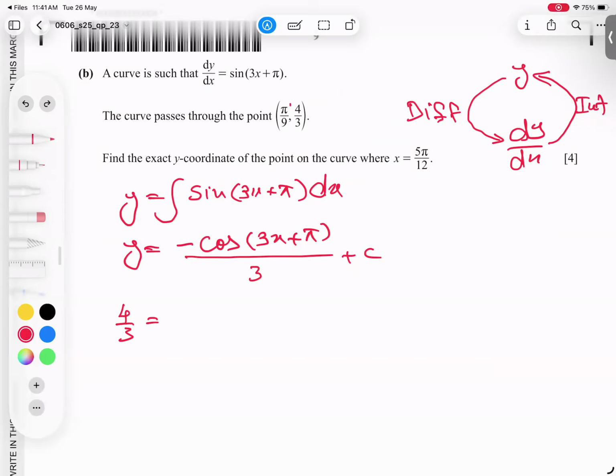So student, when I plug in pi by 9 here, 3 times it gives us pi by 3, sorry, 3 times pi by 9, because this 9 is cancelled, so pi by 3. So I'm getting 4 pi by 3. So cos 4 pi by 3 is giving negative half. Negative half, I got a positive half. I'm getting 1 over 6.